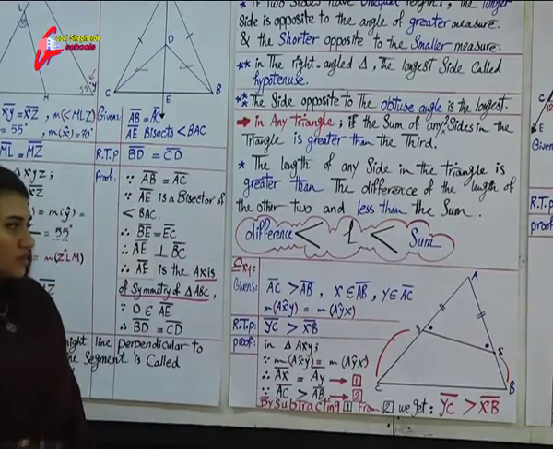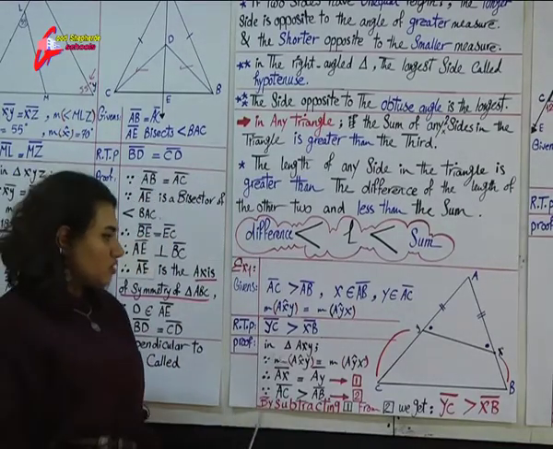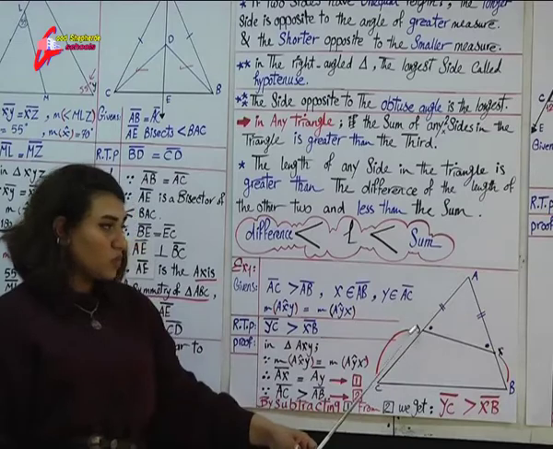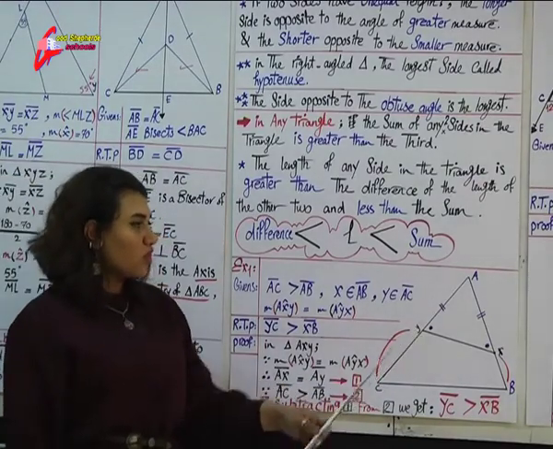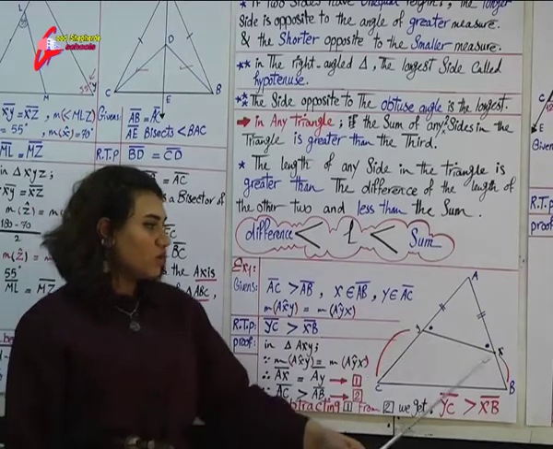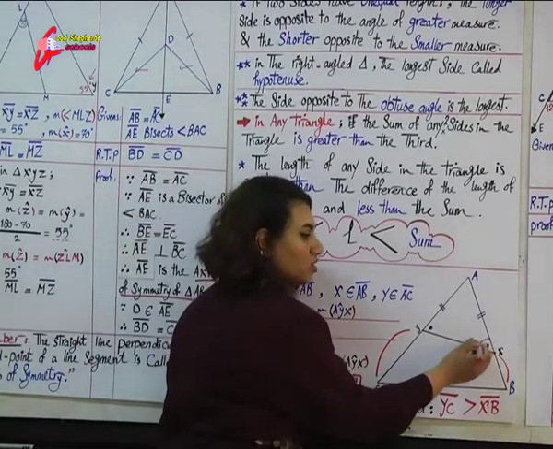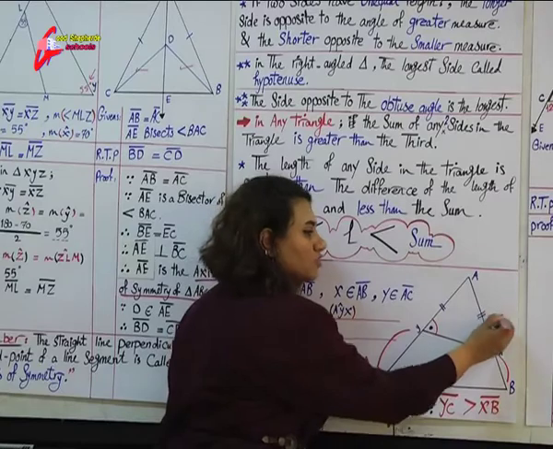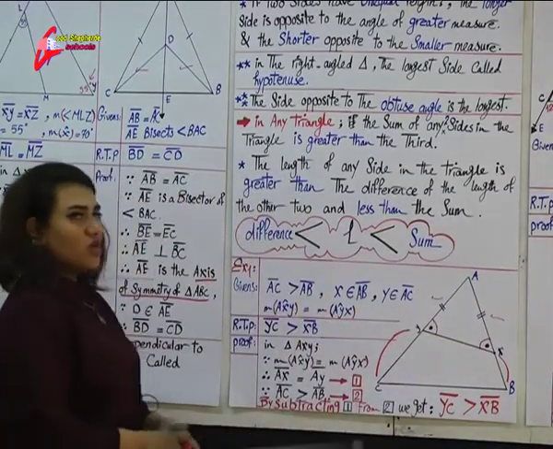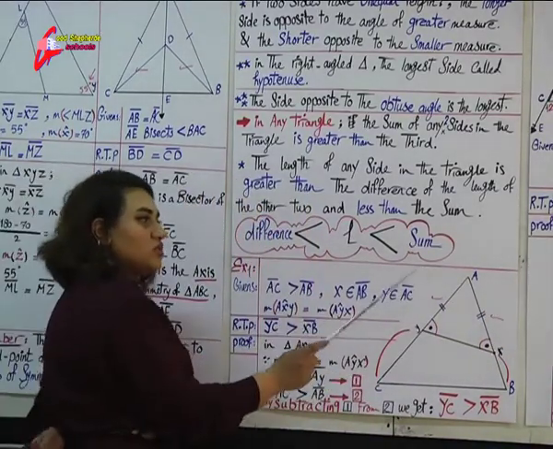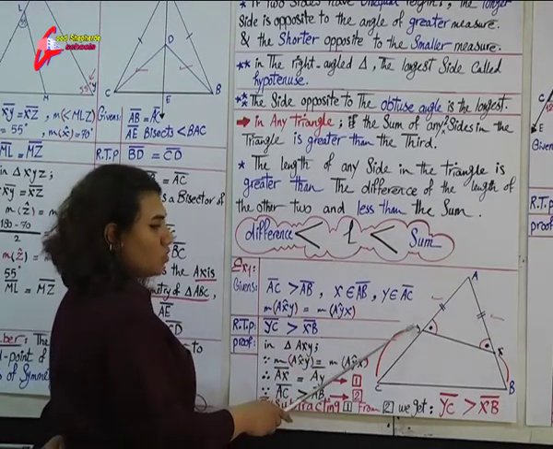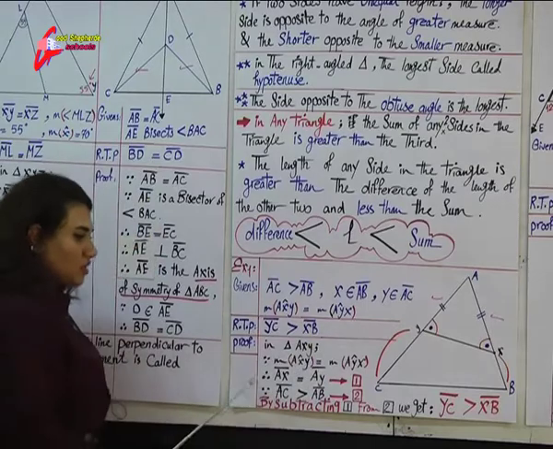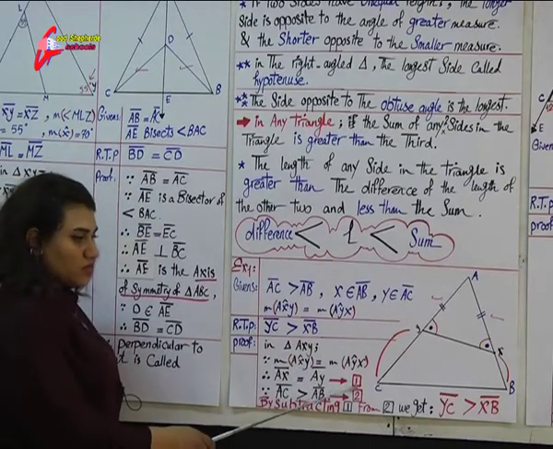How to prove that? First of all, in triangle AXY, the small triangle, it's given that the measure of angle AXY equals the measure of angle AYX. If the two angles are congruent, then the two sides are equal. When you prove the two sides equal using the isosceles triangle theorem, AX equals AY. We consider it number 1.